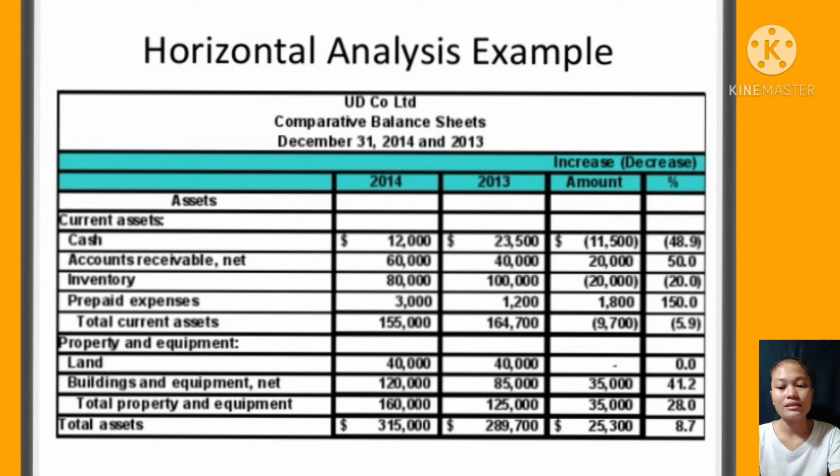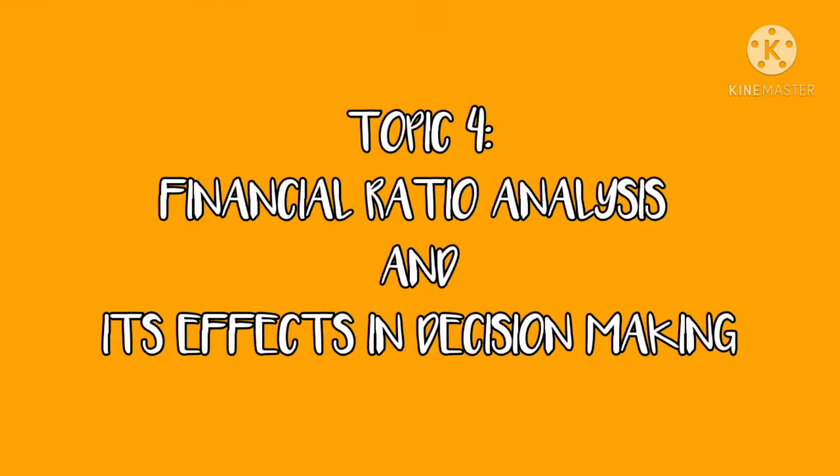As you can see, in the comparative balance sheets of UD Corporation Ltd., the total assets of year 2014 was $315,000, while year 2013 got $289,700. Therefore, 2014 has a higher amount of total assets than 2013.